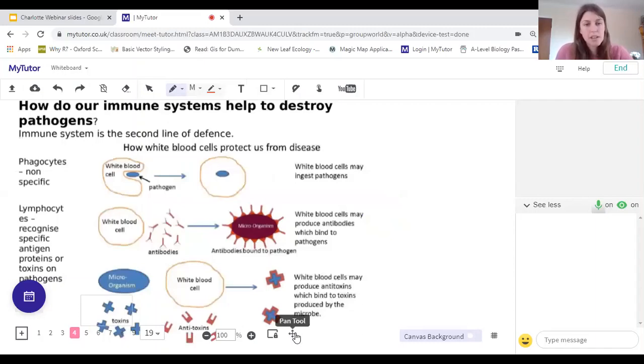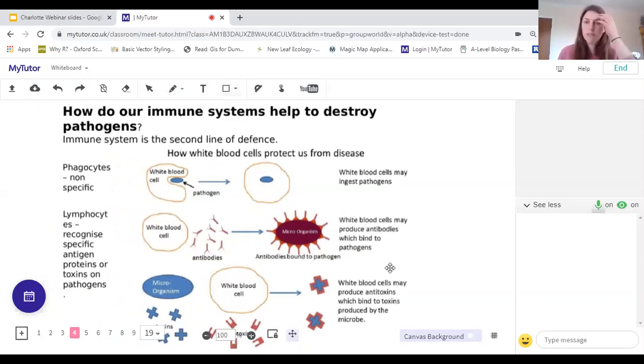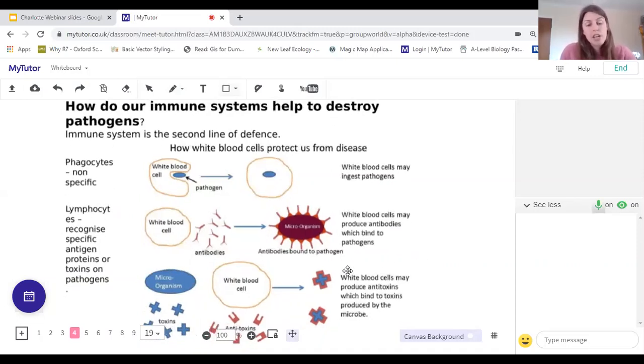Then we get to our second line of defense, which is our immune system. A couple of you have already talked about the immune system and how keeping it healthy helps us fight off pathogens, which is very true. The key parts of our immune system that you need to know about are our white blood cells. White blood cells can protect us from disease in 3 ways.